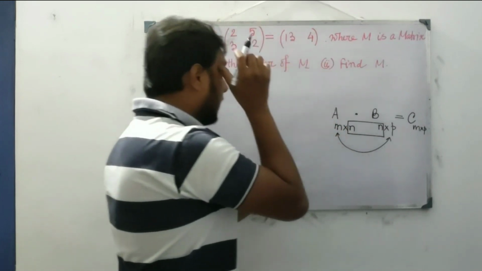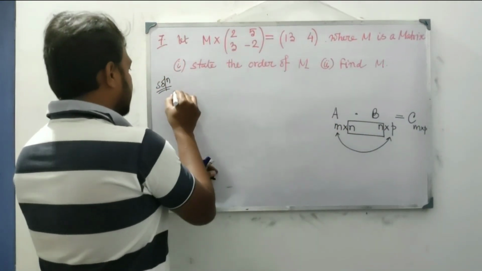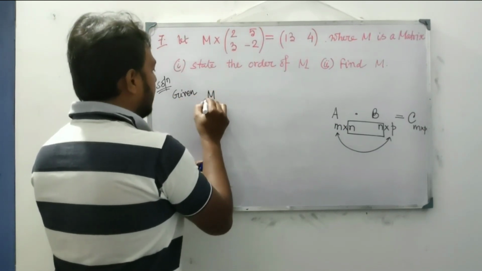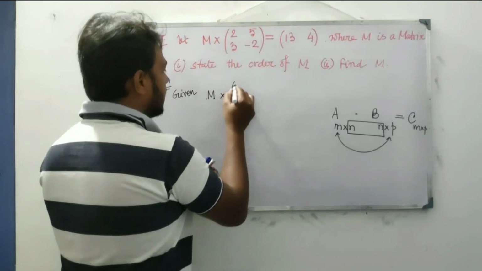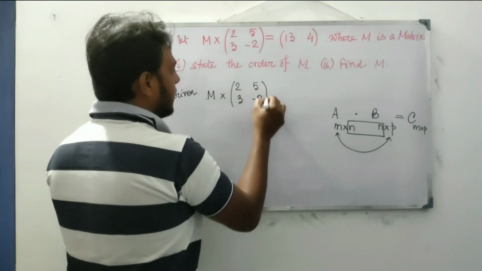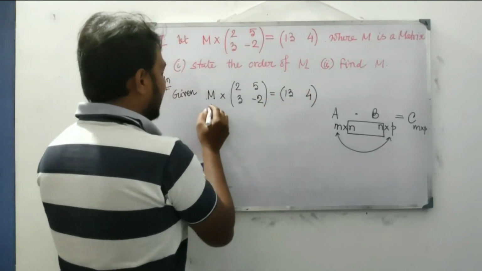Okay, so here if we use this concept, given that M cross [2, 5; 3, -2] equals [13, 4].